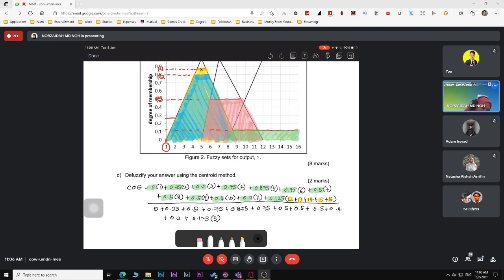Betul tak? Okay, cuba kira berapa total dia.